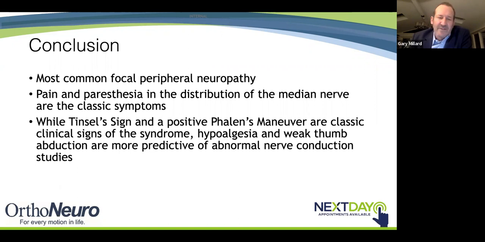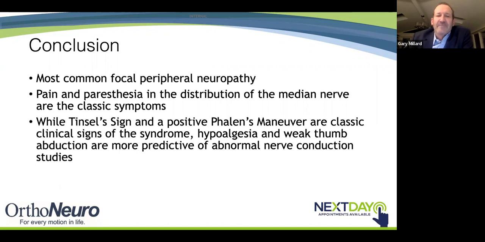So that includes the thumb, index, middle finger, and if people have actually read the textbooks, the one side of their ring finger. And when we look at the physical exam, the Tinel sign, that's tapping on the nerve, and the Phelan's maneuver, which is flexing the wrist all the way down, are the most classic signs of carpal tunnel.